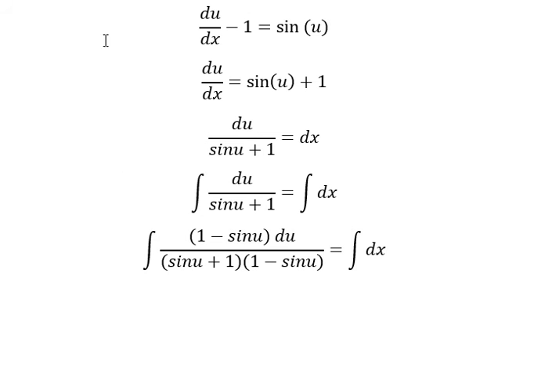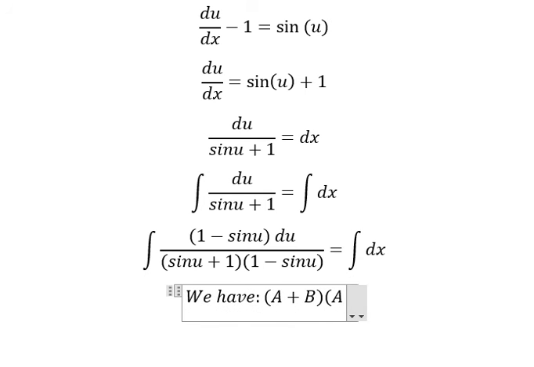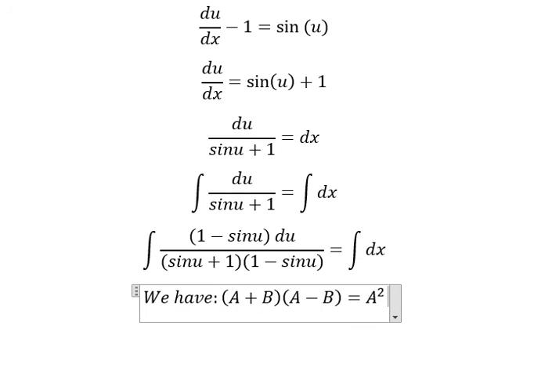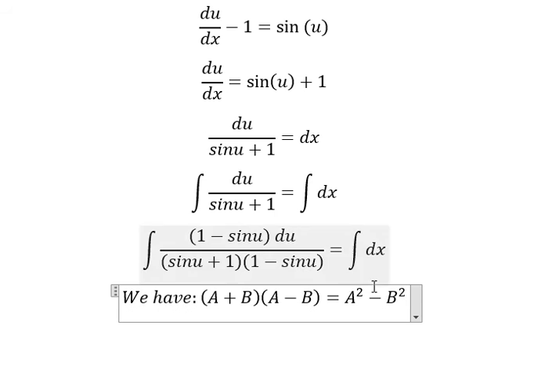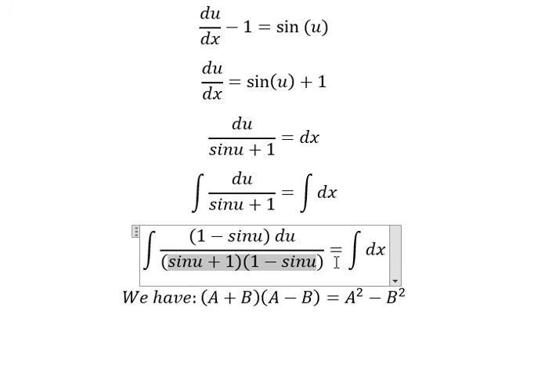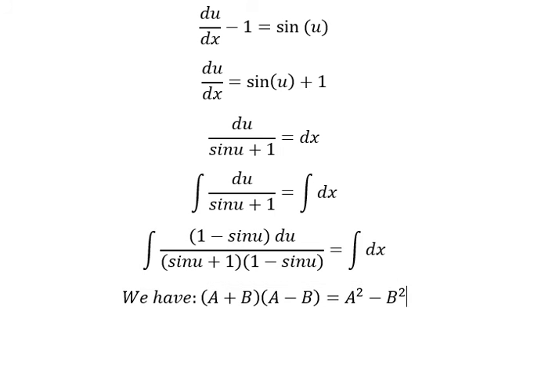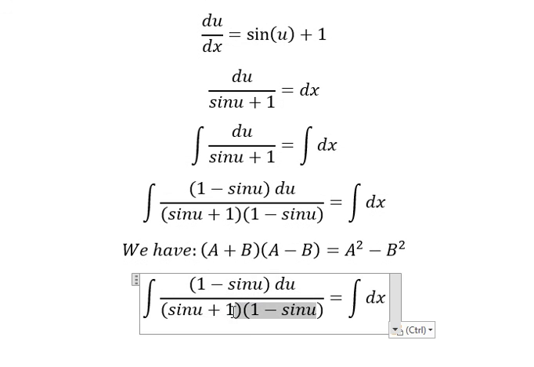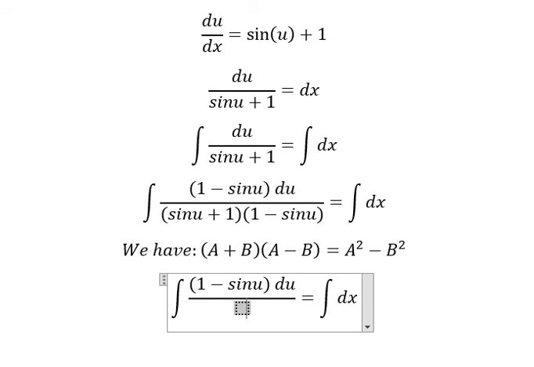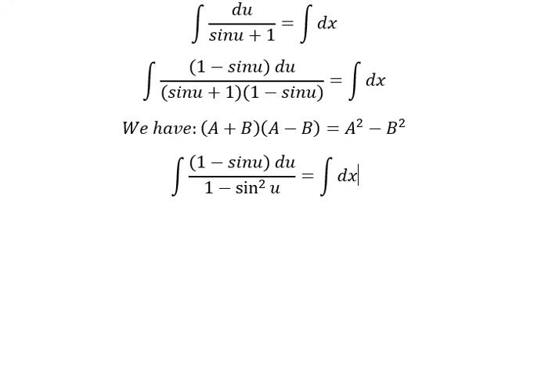So we have the formula in here. So we can apply this one for this one. And then we have 1 minus sin u square. And now we have the formula.